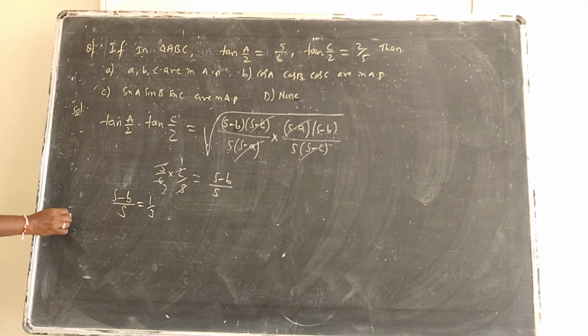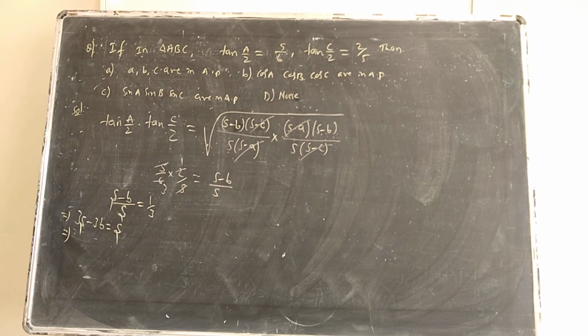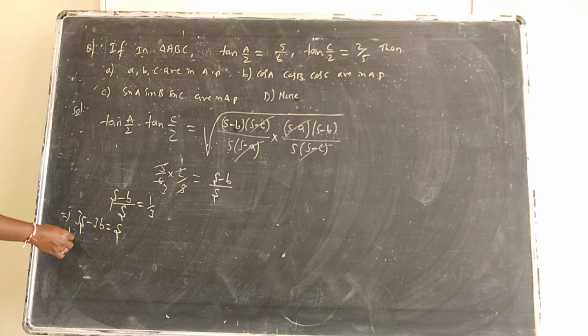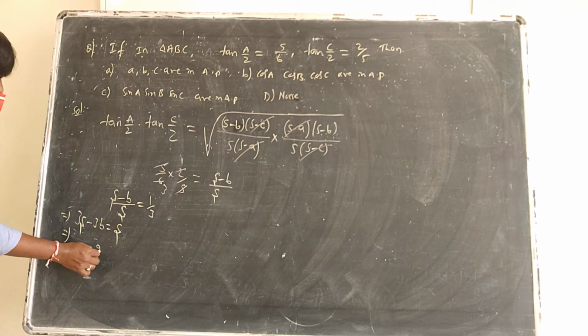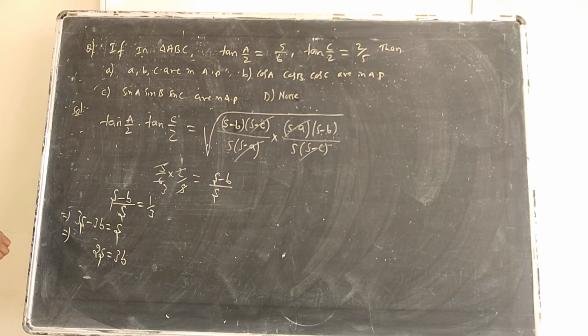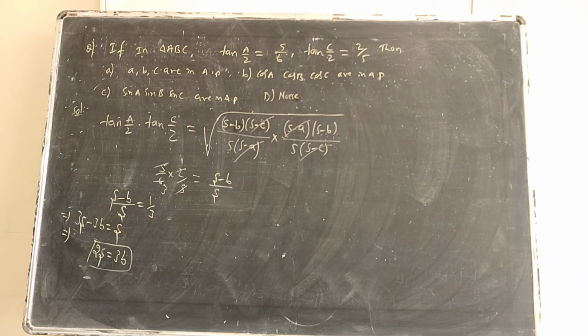Cross multiplication: 3S minus 3B is equal to S. So what I can write here, 3S this side, this is S, don't confuse, this is not 5, it is S. So 3S minus S, what I get here, 2S is equal to 3B, correct? 2S is equal to 3B, am I right?